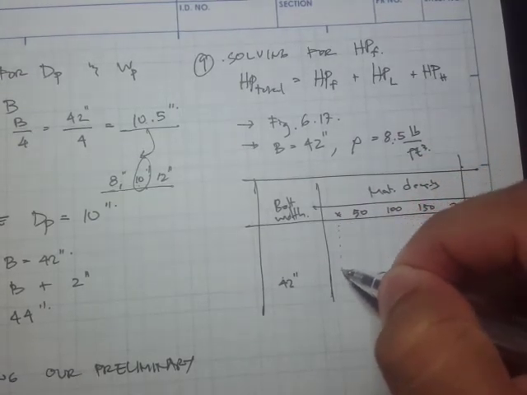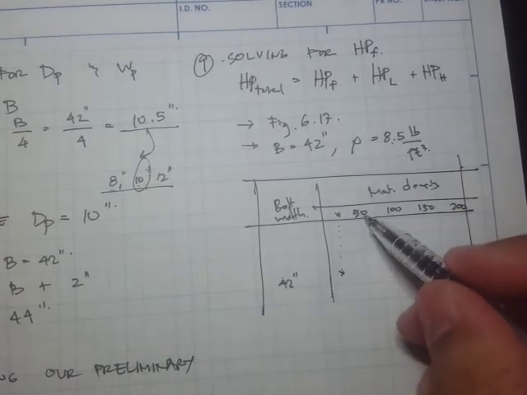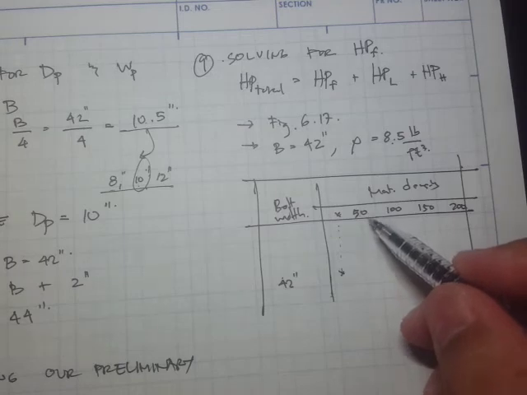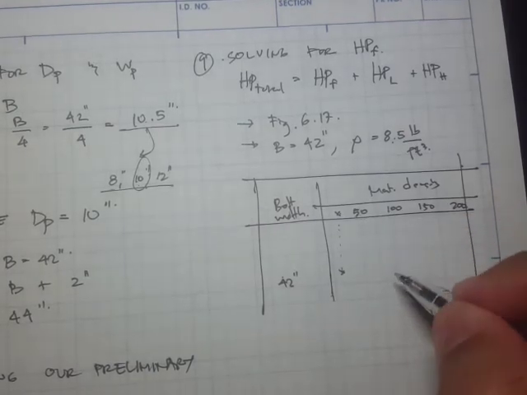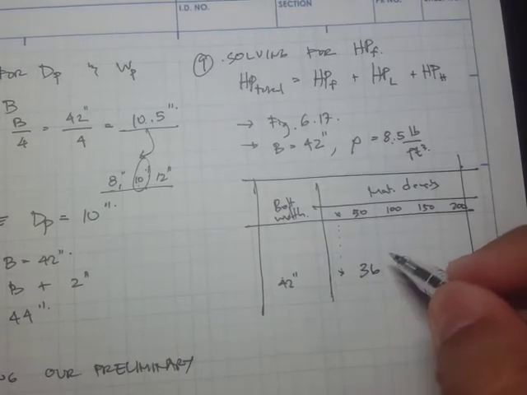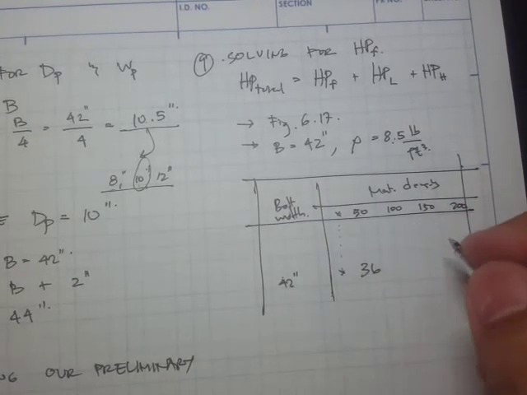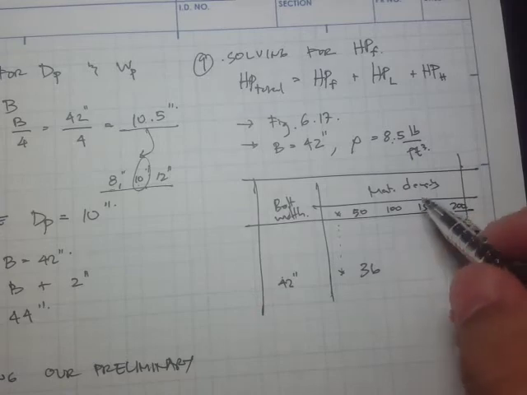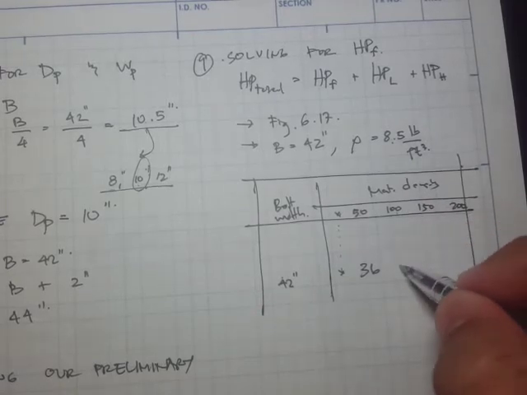So what would be the value here? In the 50, we have a value of 36, and for the 100, we have 40.